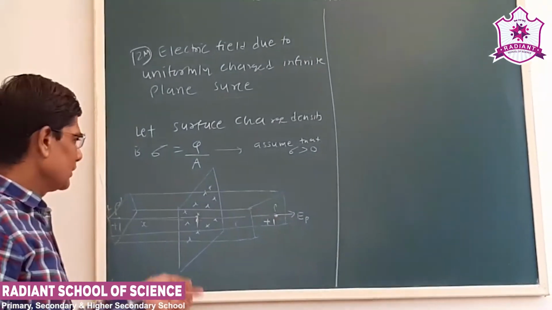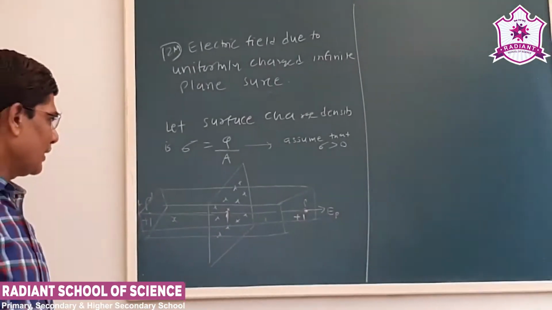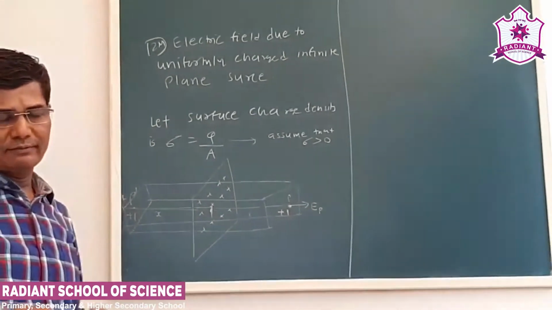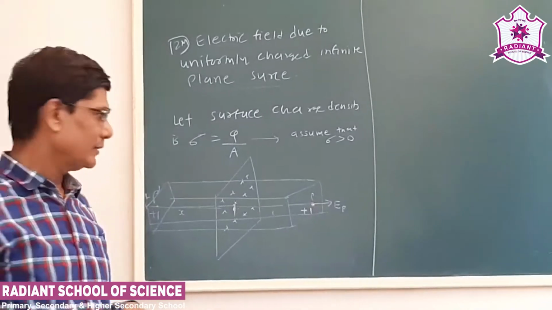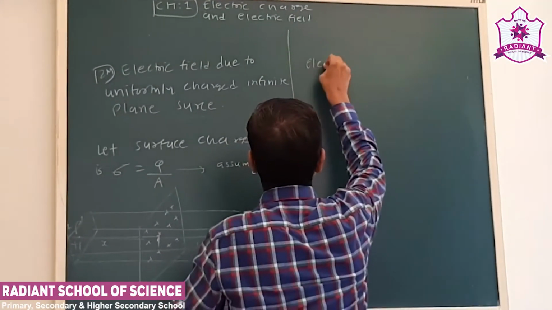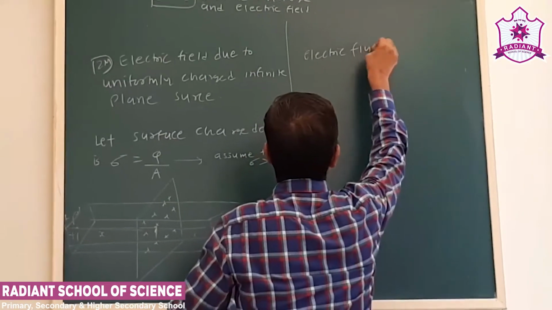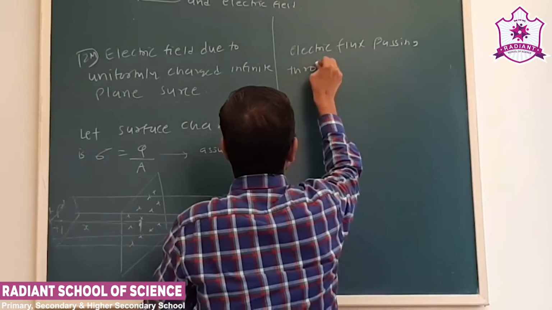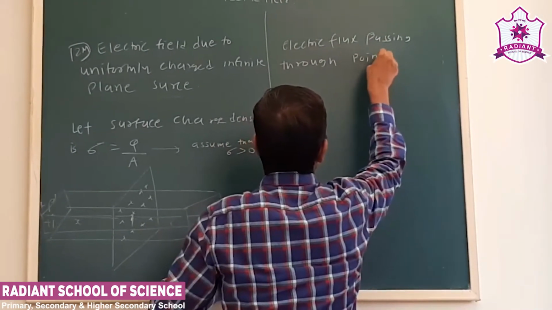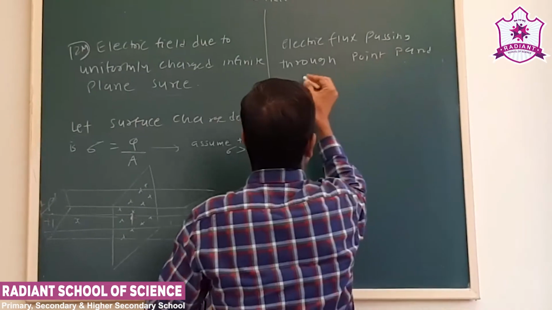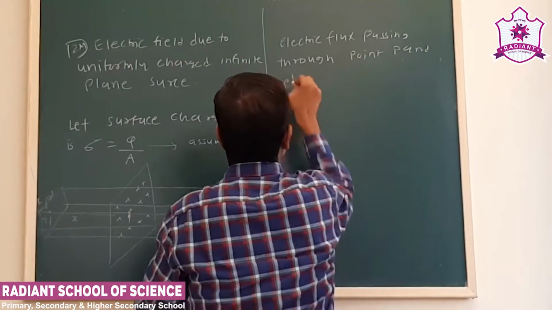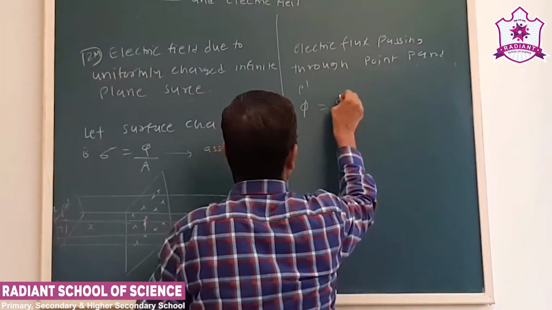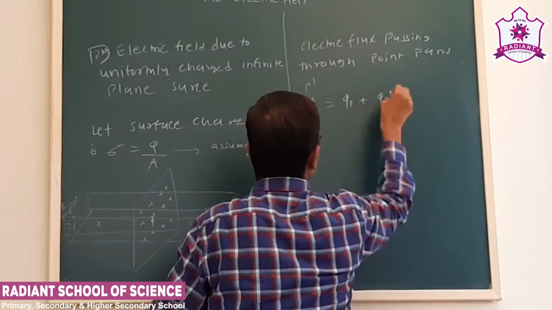The total flux passing through these two surfaces will be the summation of the two. We know flux is a scalar quantity. So the electric flux passing through point P and P dash is phi equals phi P plus phi P dash.